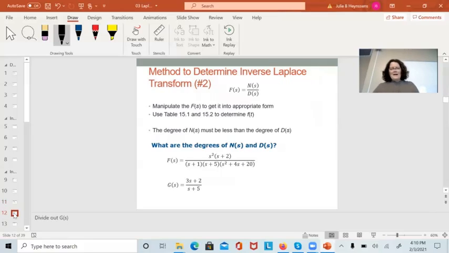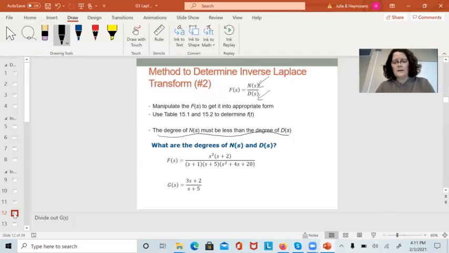Okay. We want to find inverse Laplace transforms. So I've got some F of s. It's got a numerator that's a function of s and a denominator that's a function of s. In order to find the inverse Laplace transform, the degree of n must be less than the degree of d, which means the highest power of s is the degree.